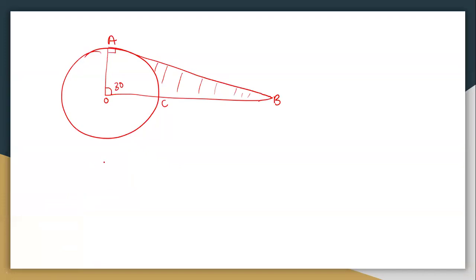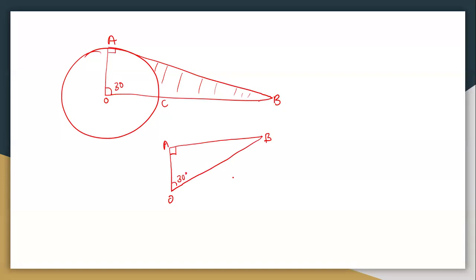Now this is the right angled triangle, whereby this is where the right angle is, and this is 30 degrees. This is where A is, this is where O is, and this is where B is.